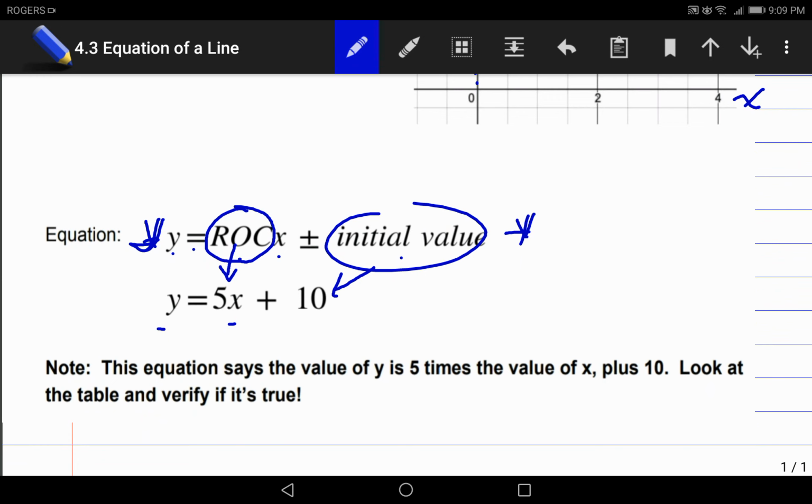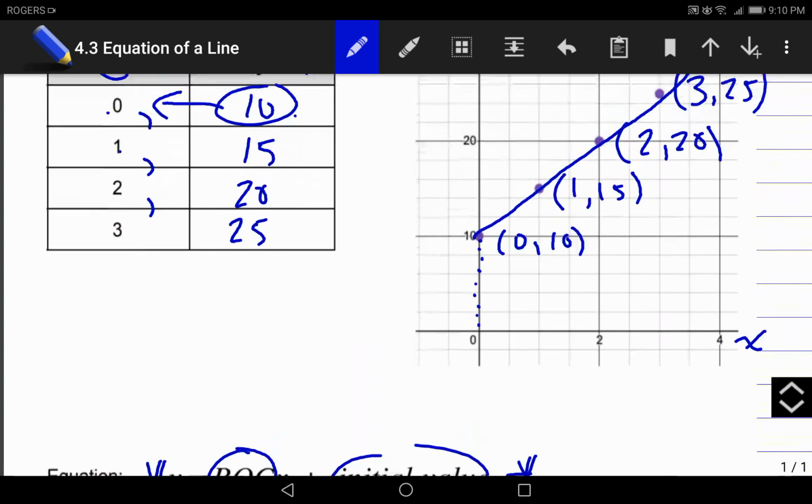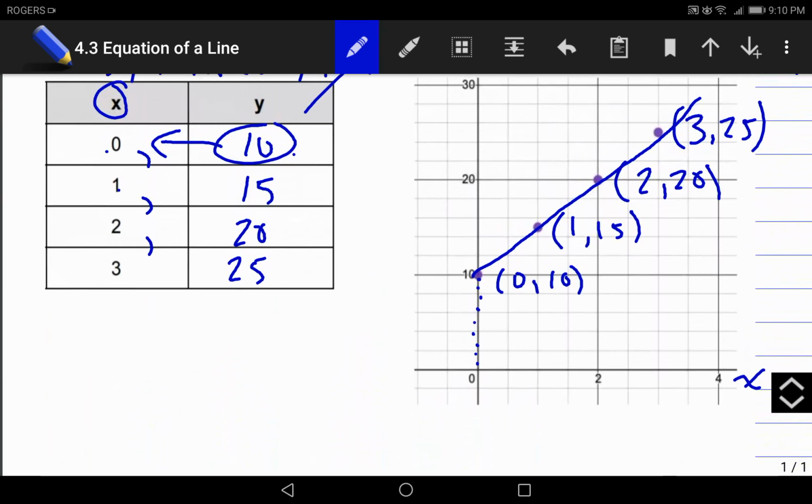This equation says the value of y is 5 times the value of x plus 10. And I mentioned here, take a look at your table of values and verify if that's true. So 5 times the value of x plus 10, that's what all our y should be. Let's go to our table and check that.